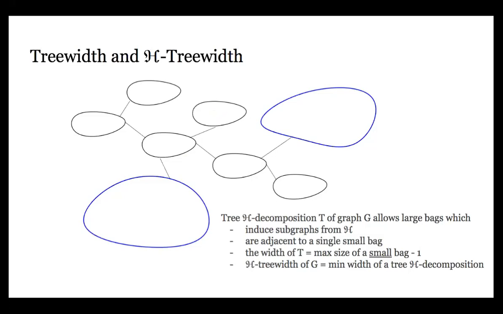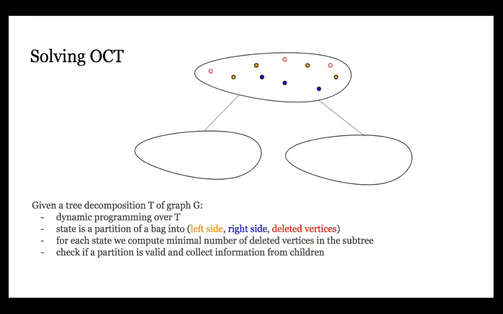So before going into some more definitions, let us quickly see why this kind of decomposition still makes it easy to solve odd cycle transversal. First of all, let us recall how the dynamic programming over tree decomposition looks for odd cycle transversal.